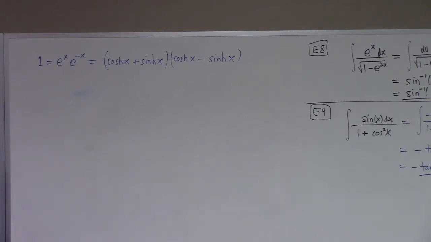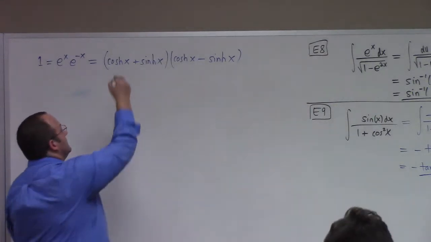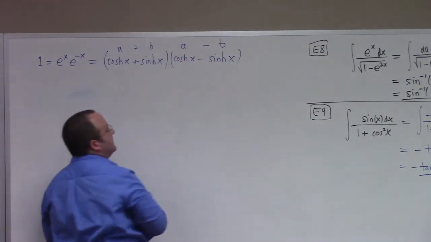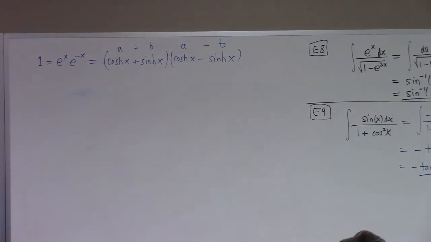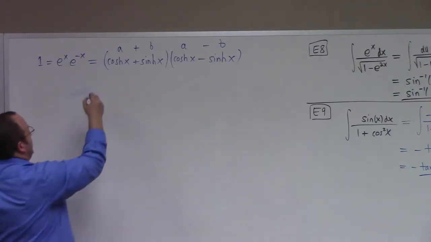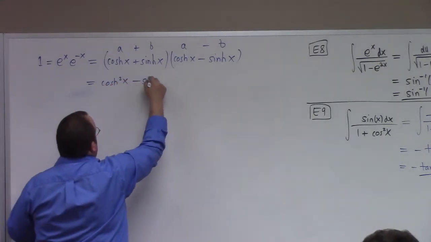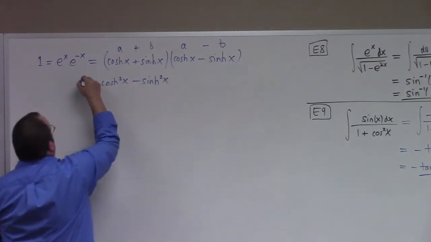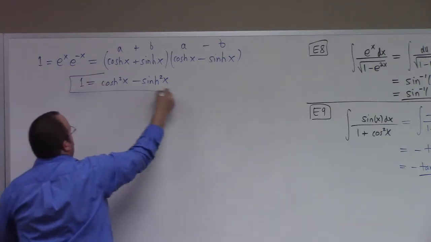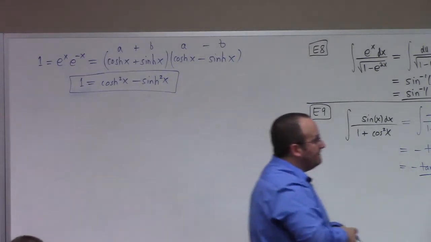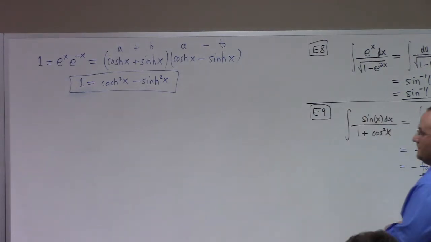What happens when you multiply a plus b times a minus b? We get the difference of squares, so cosh squared x minus sinh squared x is 1. Aha! So it looks like the Pythagorean identity has given way to something a little bit different. That's kind of neat.